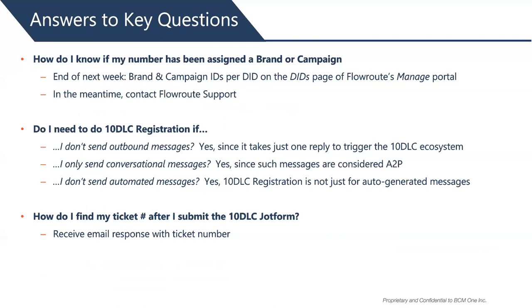Today, we already are showing you whether or not there is a successful registration. So we will say registered or unregistered, but we will enhance that to show campaign and brand IDs by the end of next week. In the interim, we ask you to reach out to Flowroute support, who will look on our systems and provide you that brand and campaign ID should you need it.